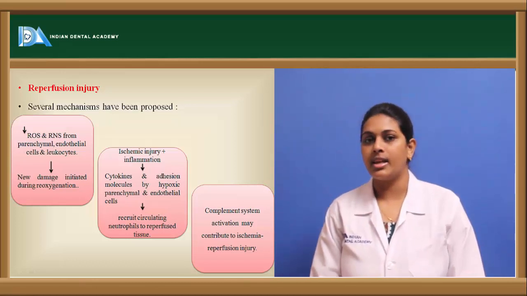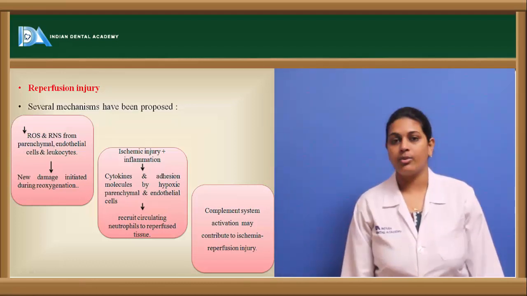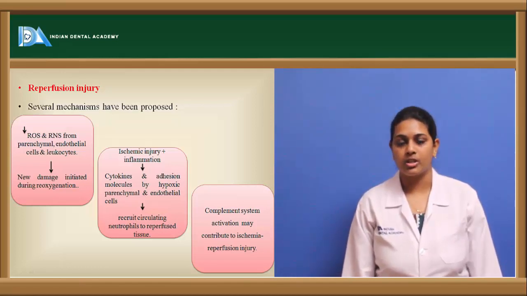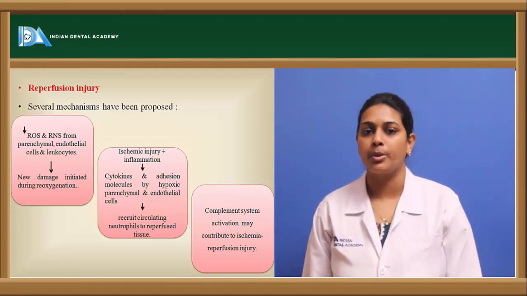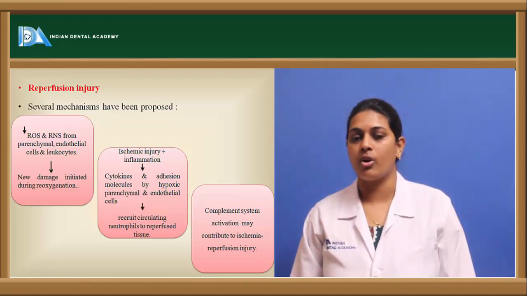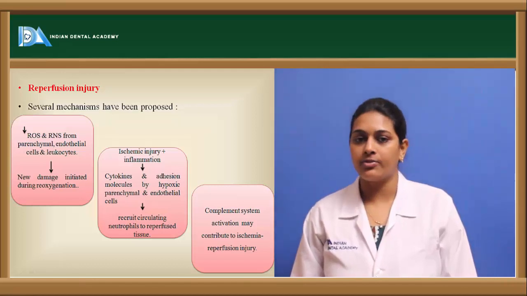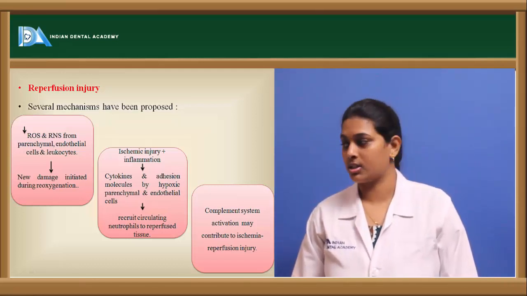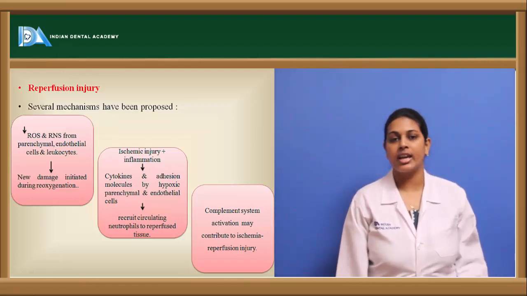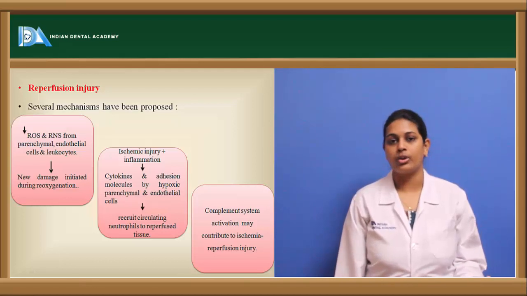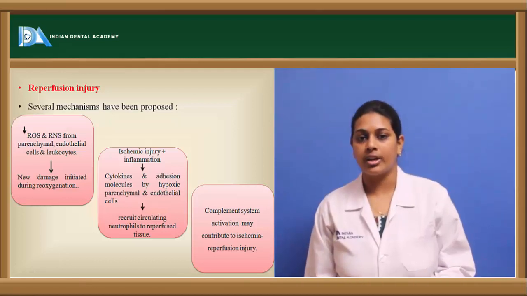The first one is an increase in reactive oxygen species and reactive nitrogen species. Reactive oxygen species are the metabolites or byproducts during the metabolism of oxygen, and similarly the reactive nitrogen species are derived metabolites from nitric oxide. They are usually released from the parenchymal and endothelial cells as well as the infiltrating leukocytes.